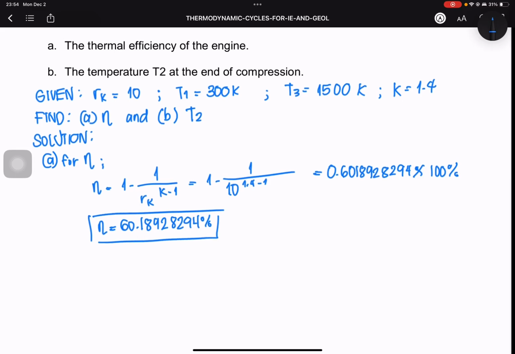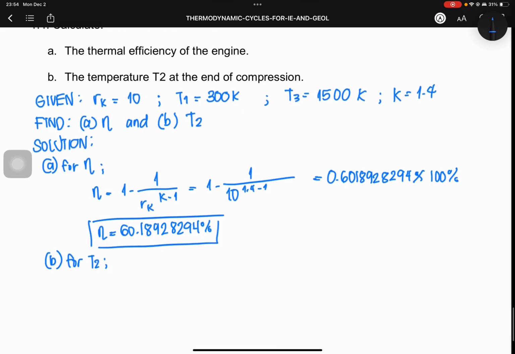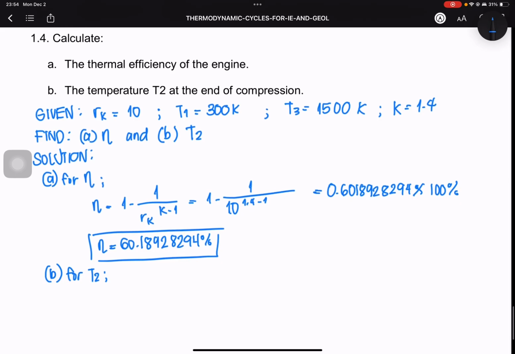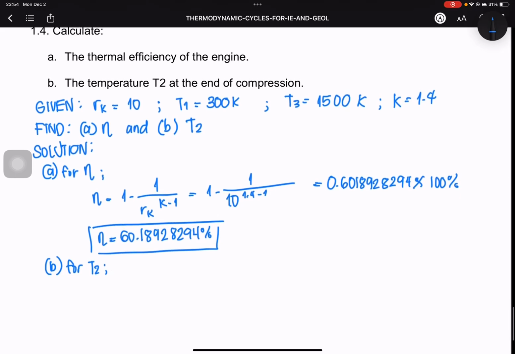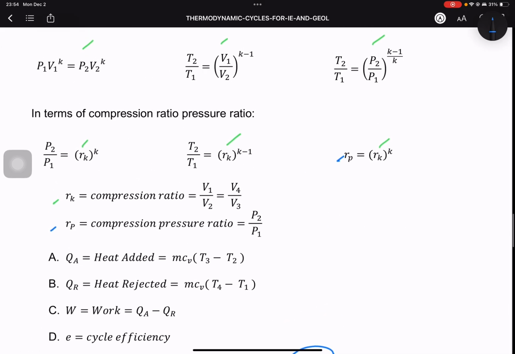And then for T2, since we have the given T1, T3 and the compression ratio, we can get T2 in terms of the compression ratio using this equation.